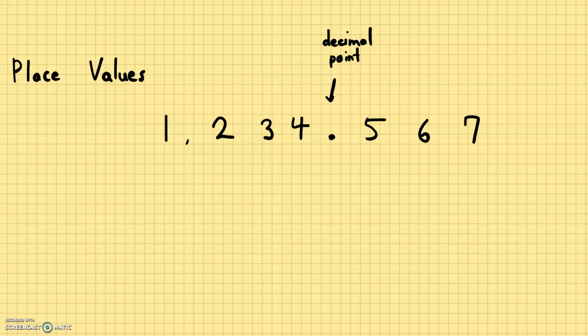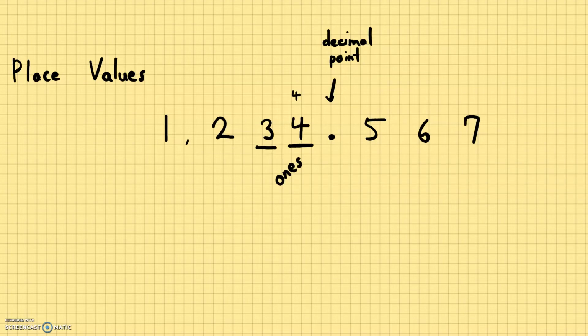So the 5, the 6, and the 7 are all decimal numbers. Now, do you remember what the place value of this number is? The number 4. So the 4 here just means 4. Okay, so that's the ones value. So 4 means there are 4 ones.